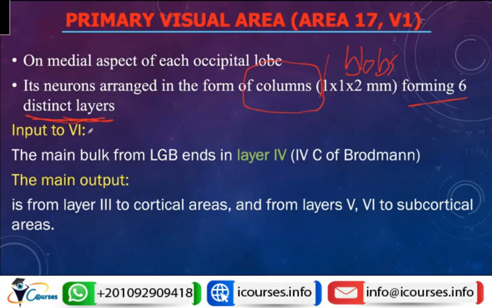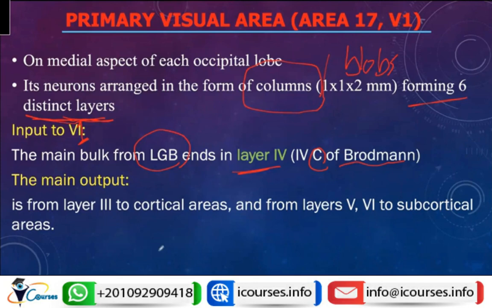The input to V1 comes mainly, as we said, from the lateral geniculate body. Please remember that this input will end in layer 4, specifically layer 4C of Brodmann. This is the final destination of the most bulk of the lateral geniculate body input to the primary visual cortex.